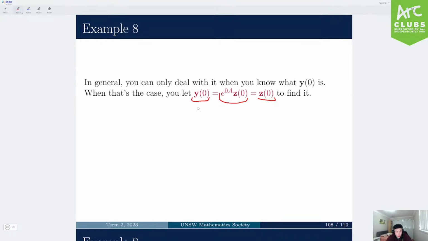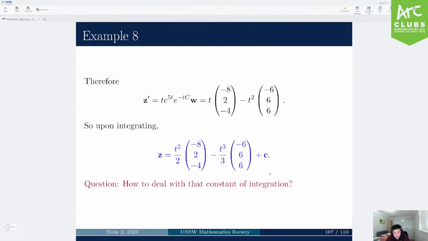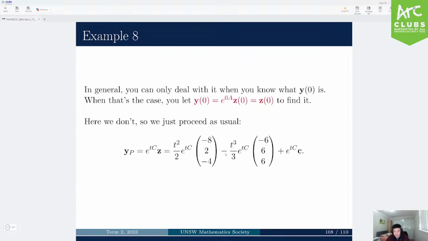So whatever initial condition the question gave you, you can replace it with z0. If we sub in t = 0, we just get the constant is the initial condition. But in this case, they didn't give us any initial conditions, so we're just going to proceed as usual.